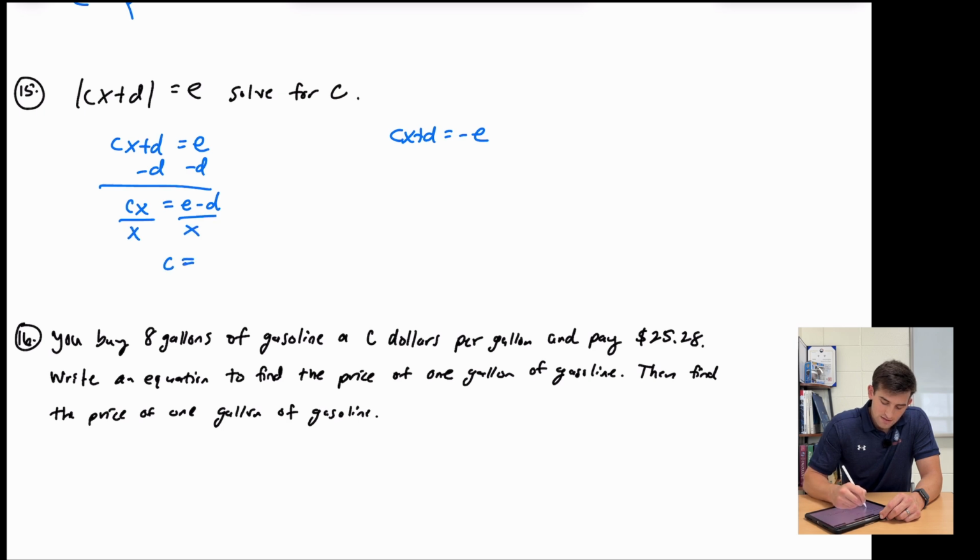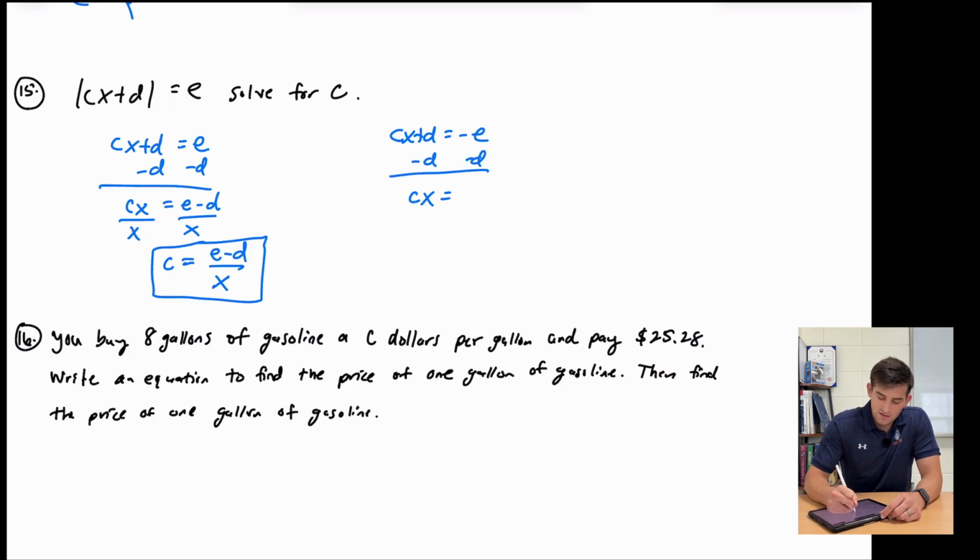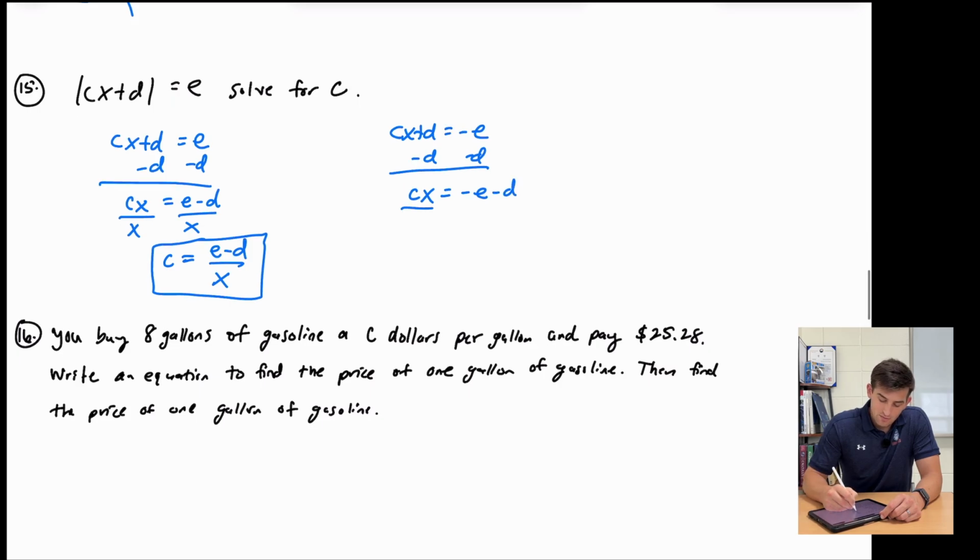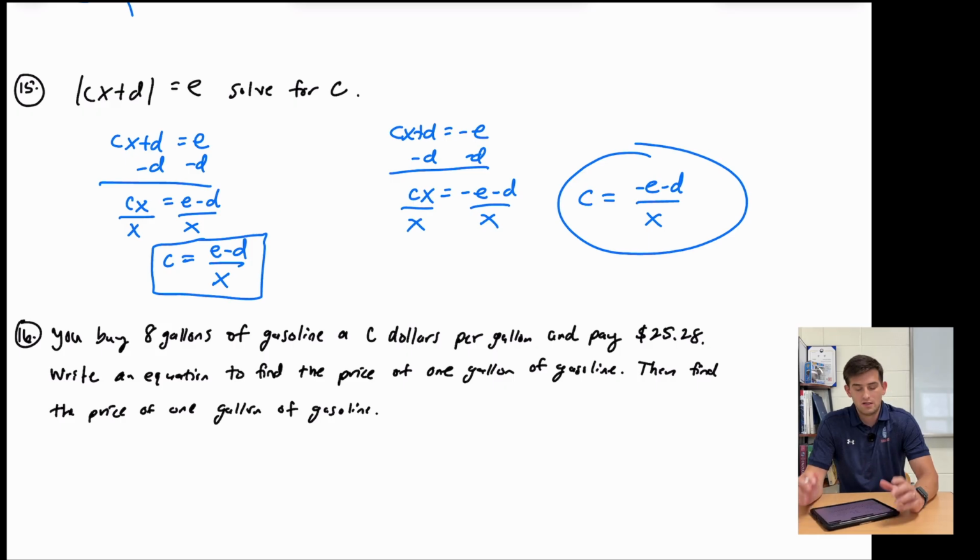So we get c is equal to e minus d, all divided by x. And that would be one of our solutions. The other one, let's subtract d. So now we have cx equals negative e minus d. And let's divide both sides by x. Okay, so now we get c is equal to negative e minus d over x, and that would be how we could solve that absolute value equation for c.